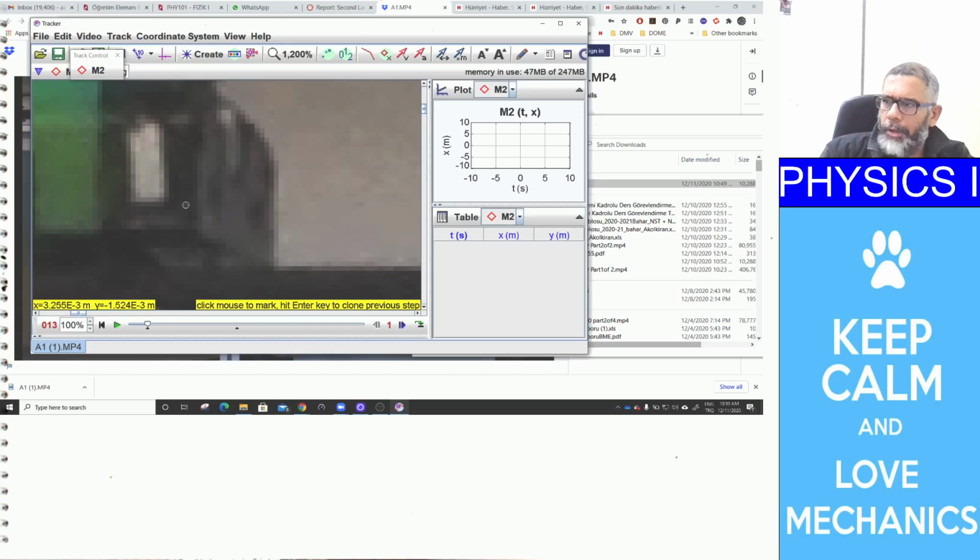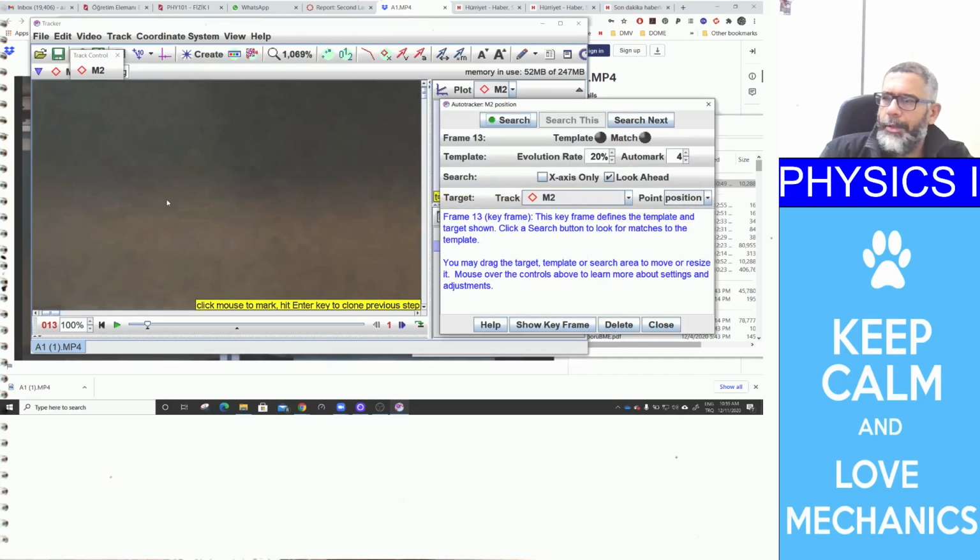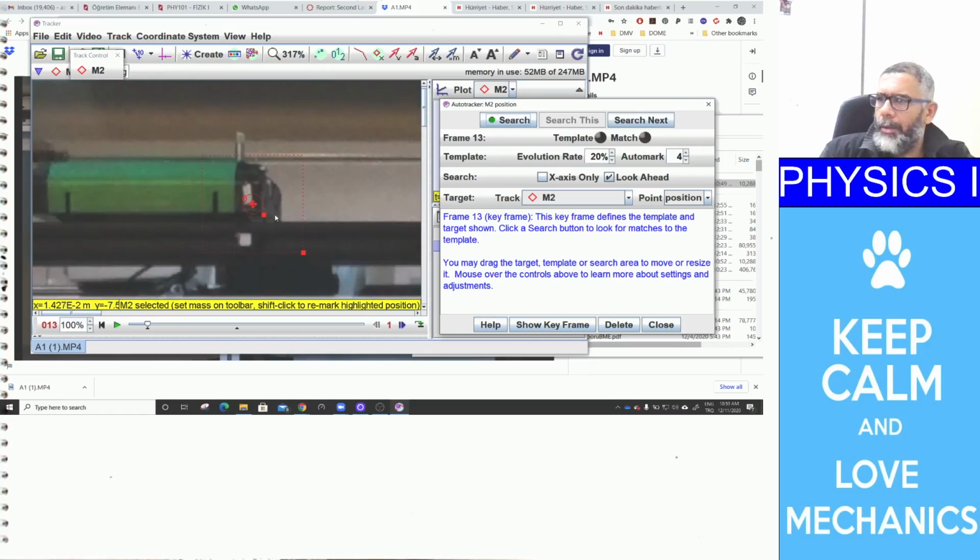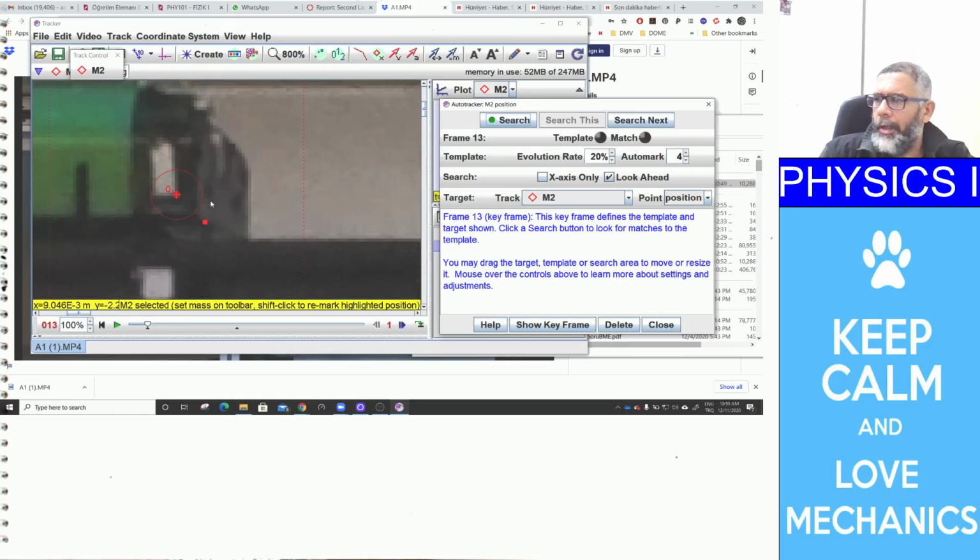Your mouse pointer has turned into a circle, and just bring it over this corner that I take as the reference point for taking the X measurements for the card, and press my left mouse button. Once I pressed it, Tracker produced this red circle, centered right on the bottom right corner of this white label.